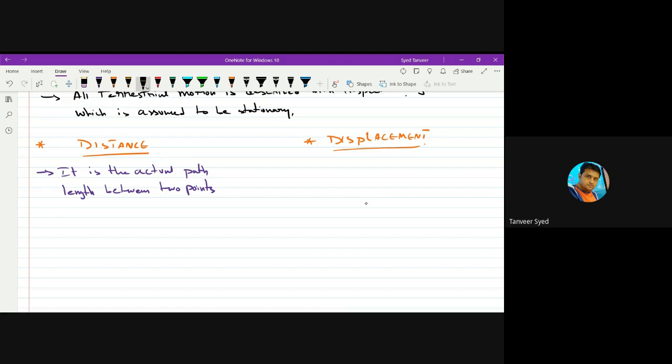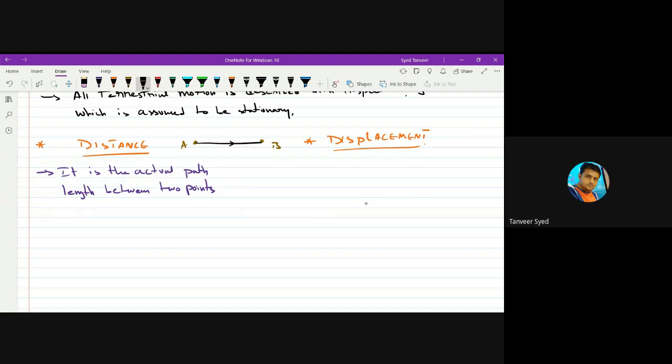Suppose this is point A and this is point B. And you go from point A to point B along a straight line, like this. Then how do you calculate the distance traveled by you?